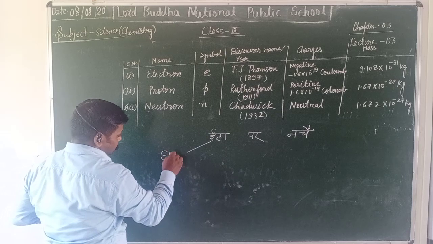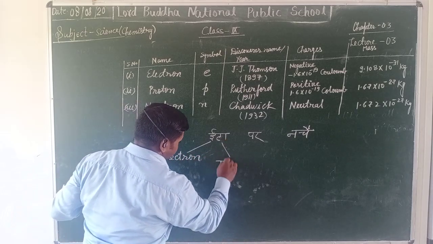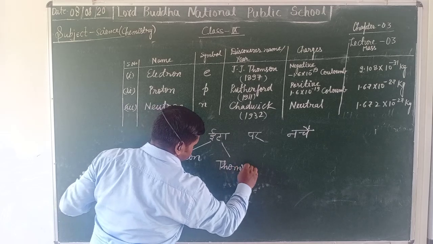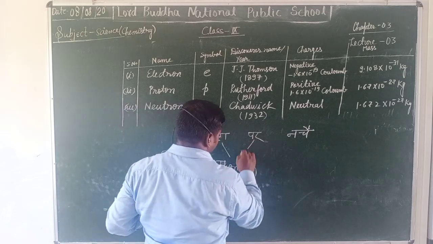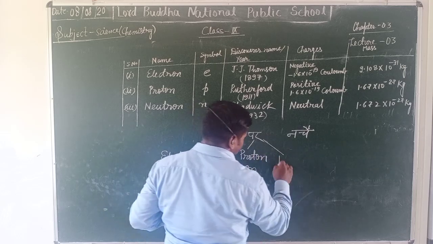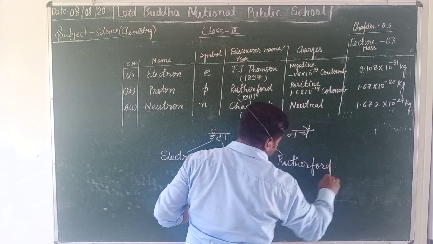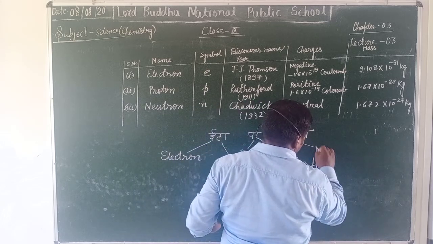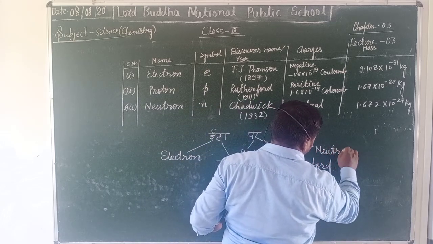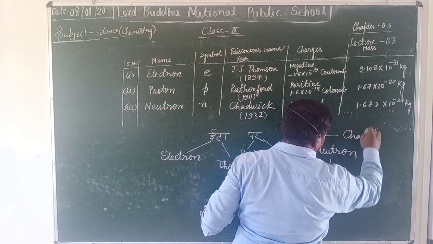E means electron, T means Thomson. P represents proton and R represents Rutherford. N represents neutron and Ch represents Chadwick.